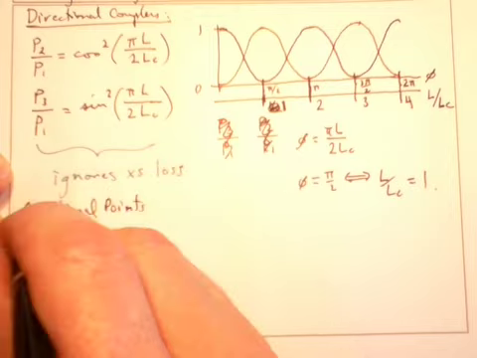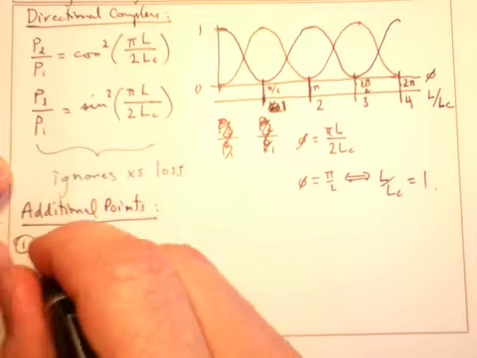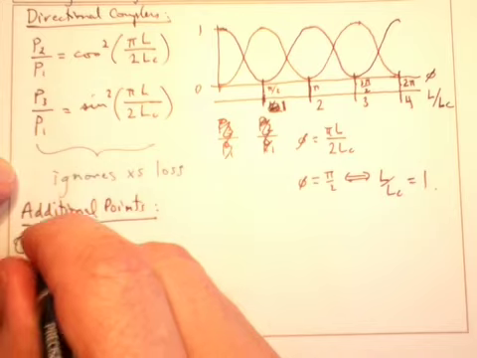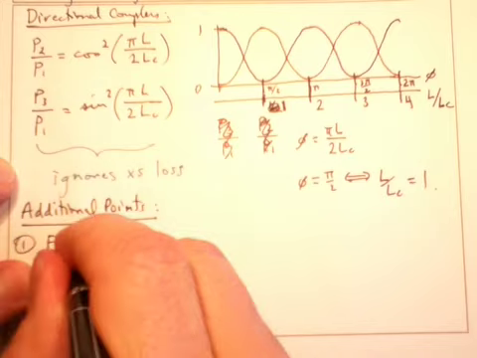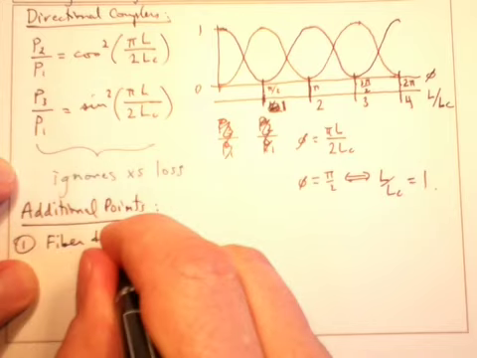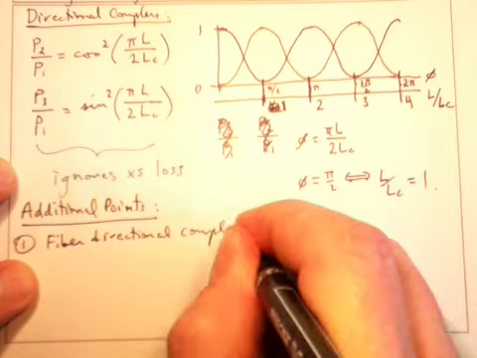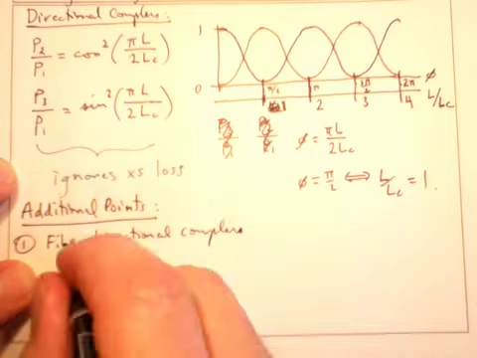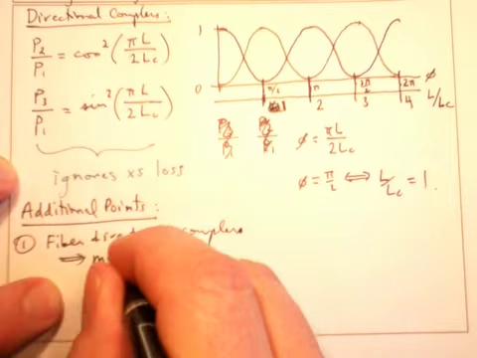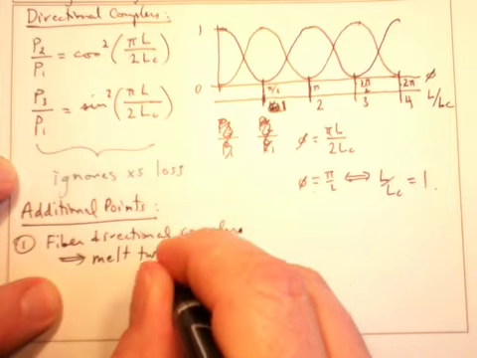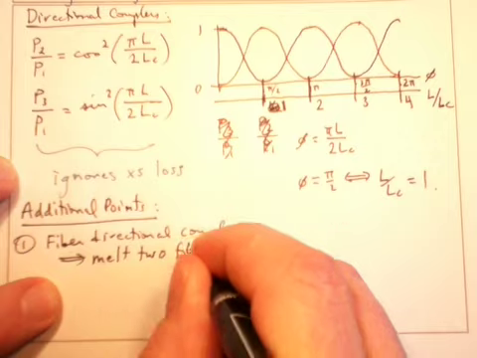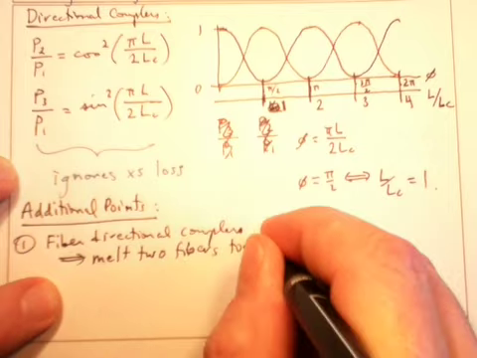The first one is that we can make fibered directional couplers by melting two pieces of fiber together in a very controlled way.